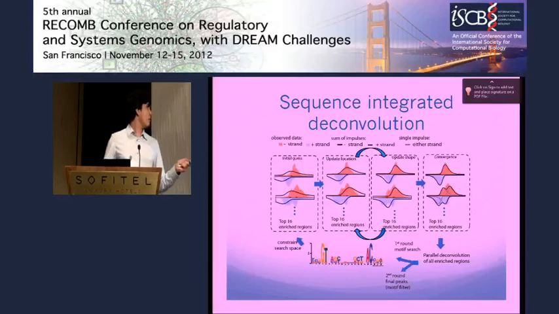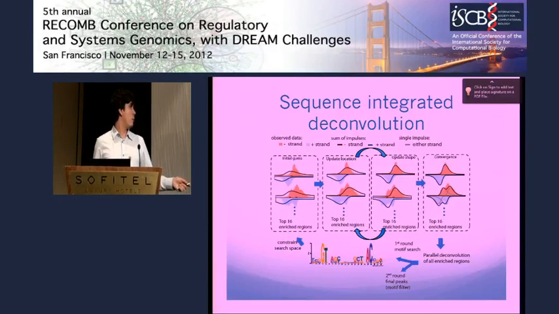For the decoding process, we use a blind deconvolution algorithm. Basically, we provide an initial guess of the shape of the impulse response, shown by this solid line, and an initial guess about the position of the binding sites.